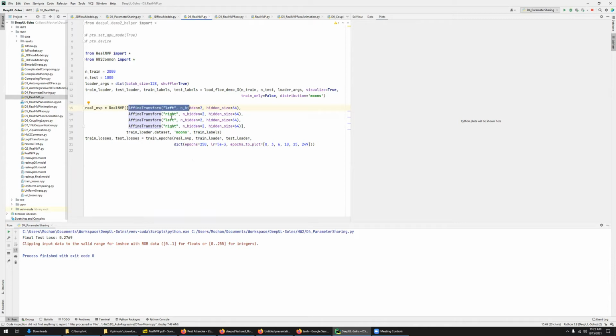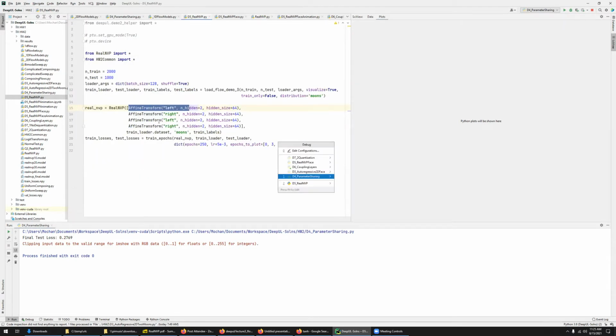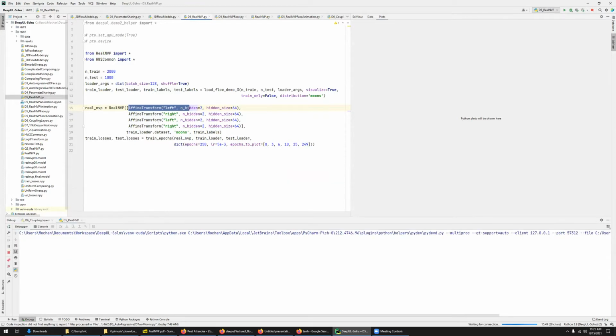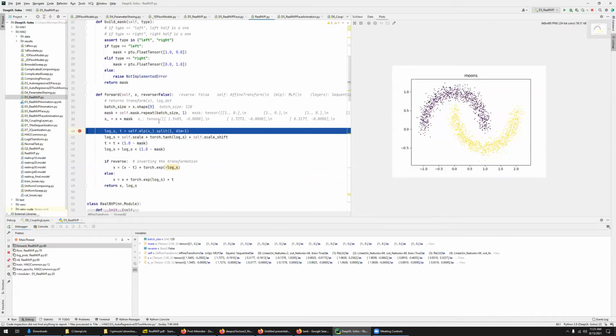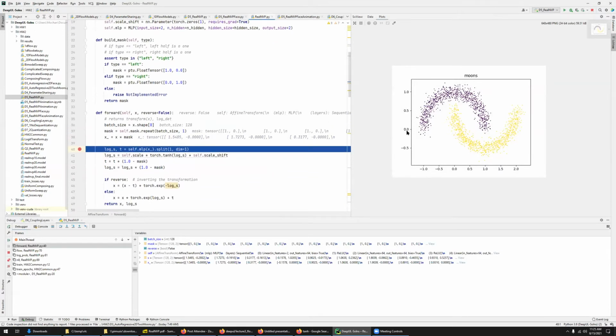So you do left, right, and this is the data set. And let's see if I can. So this is the forward pass. This is our data set. And so we're given x, which is 128 by 2, right?